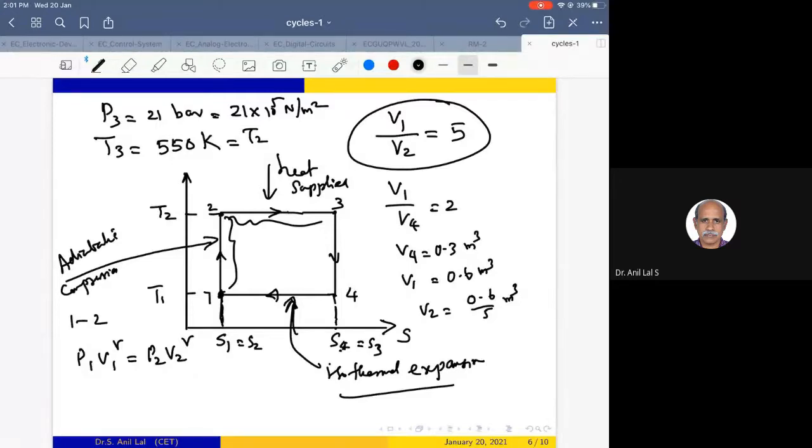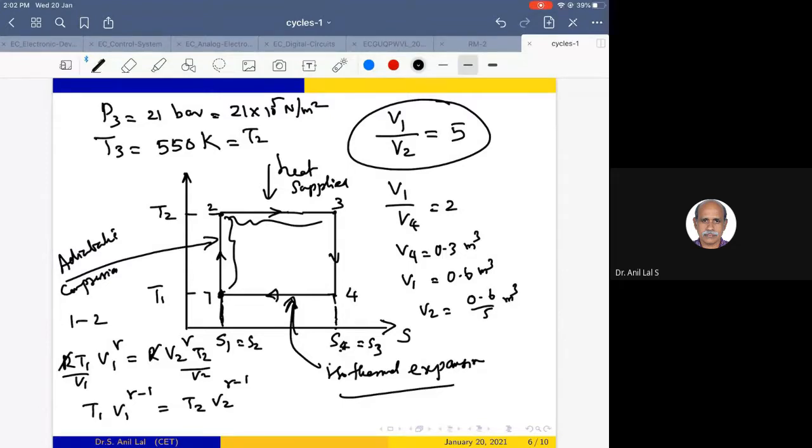So for temperature, we write P is equal to RT by V. So P1 is equal to RT1 by V1 and P2 is equal to RT2 by V2. R and R cancel. So we get T1 V1 raised to gamma minus 1 is equal to T2 V2 raised to gamma minus 1. So this is the relation.